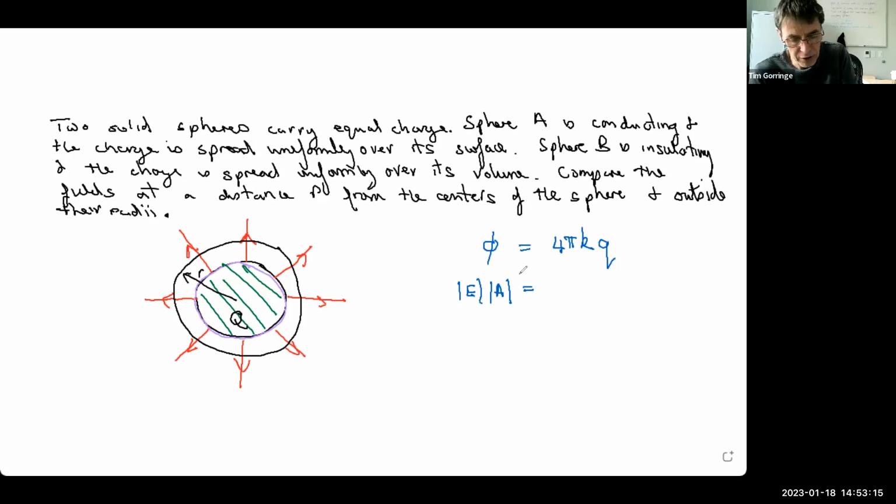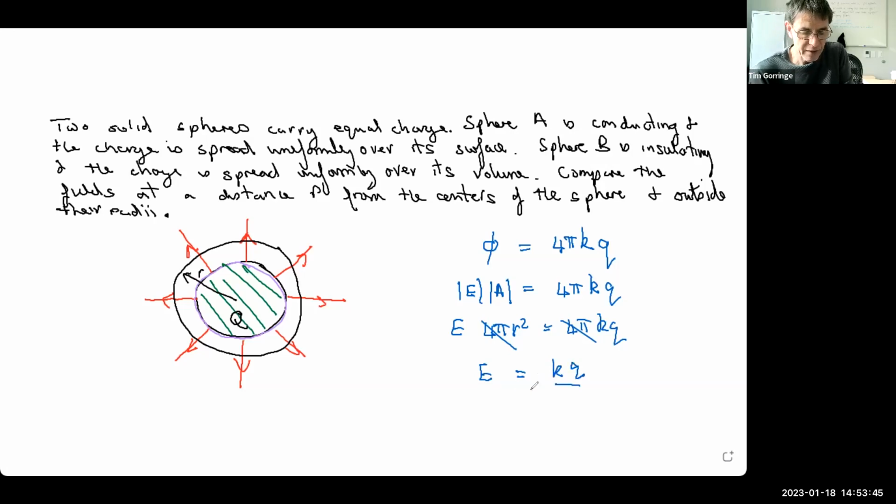And so that's going to be equal to 4 pi kQ. And we can fill in the area of the surface. It's E times 4 pi r squared equals 4 pi kQ. We can cancel out the factors of 4 pi on the left and right. We can rearrange for the electrical field, and its magnitude is simply equal to kQ over r squared. And so that's our result for the magnitude of the electrical field based on Gauss's law.